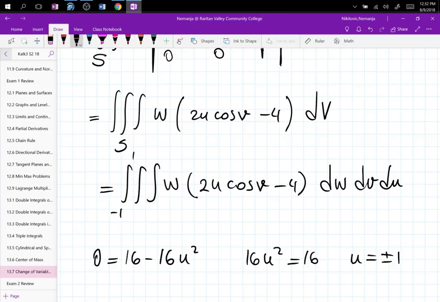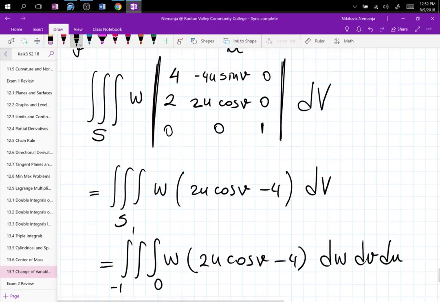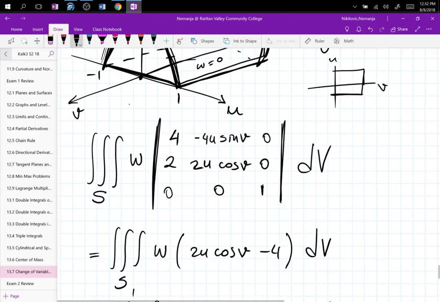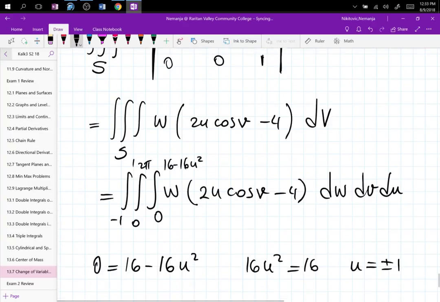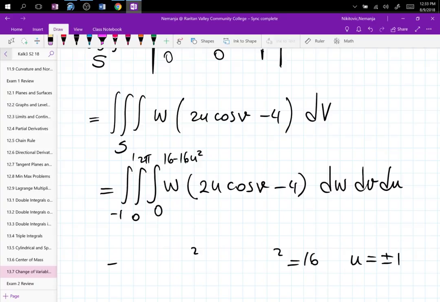Limits on w, the most inner one, is easy. 0 to the w function, and w is the top. So that's 16 minus 16u squared. And then you have the v, we said 0 to 2 pi. I'll put this here like this, so it's easier to understand.